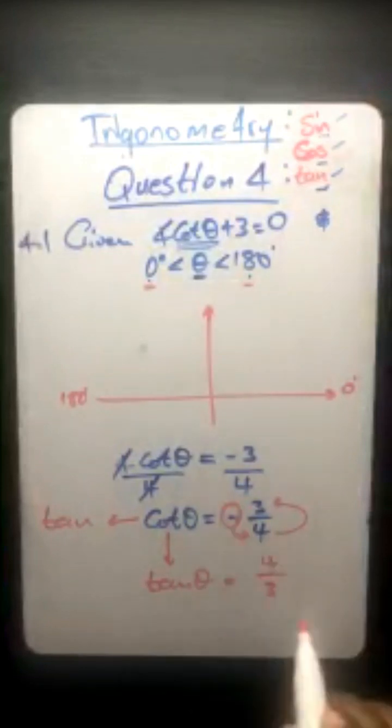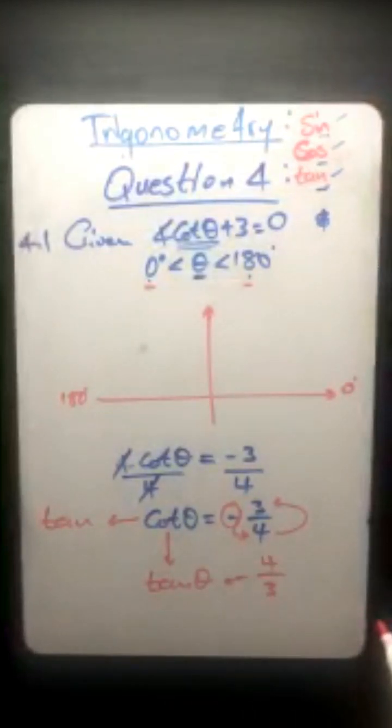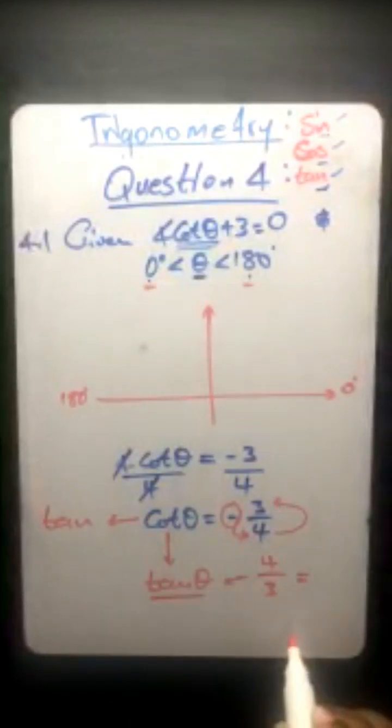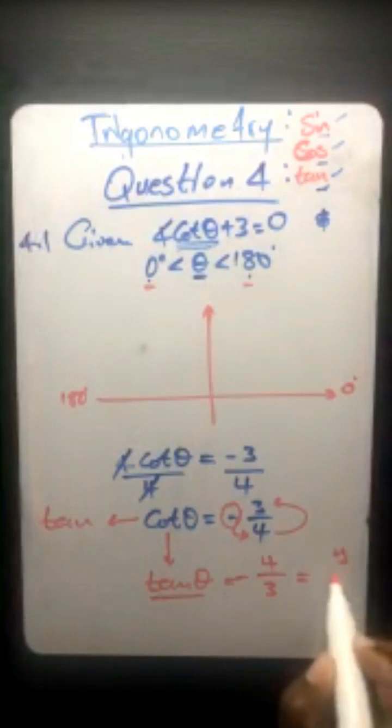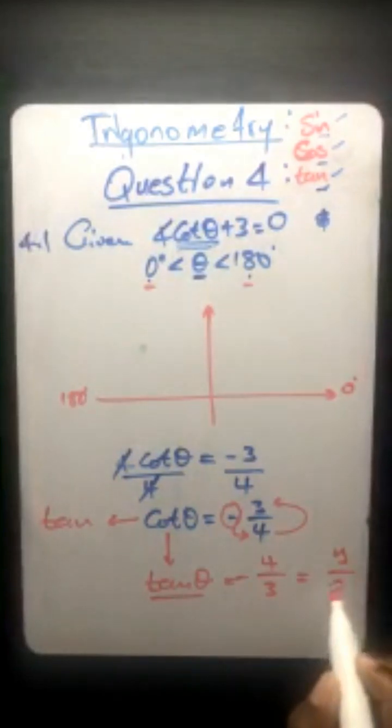But remember, the sign remains as it is, which in that case is negative. So you do remember that the ratio for tan is opposite over adjacent. In terms of x and y, the opposite is y, and the adjacent is x.